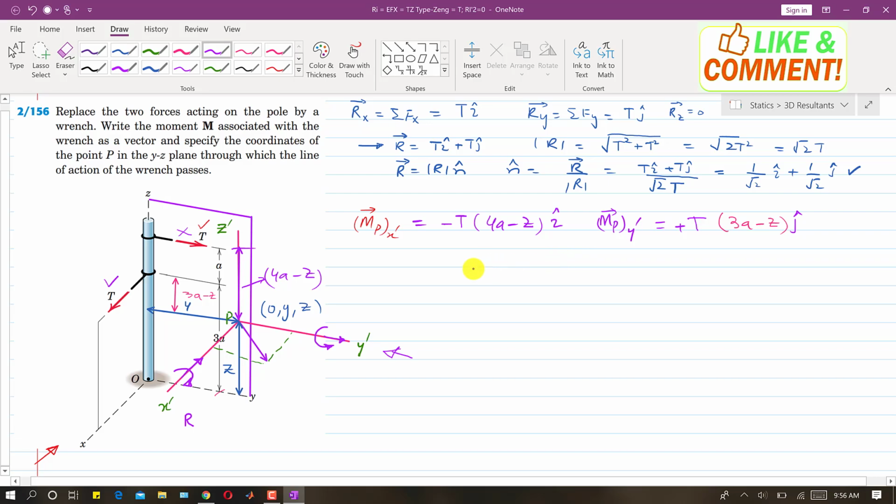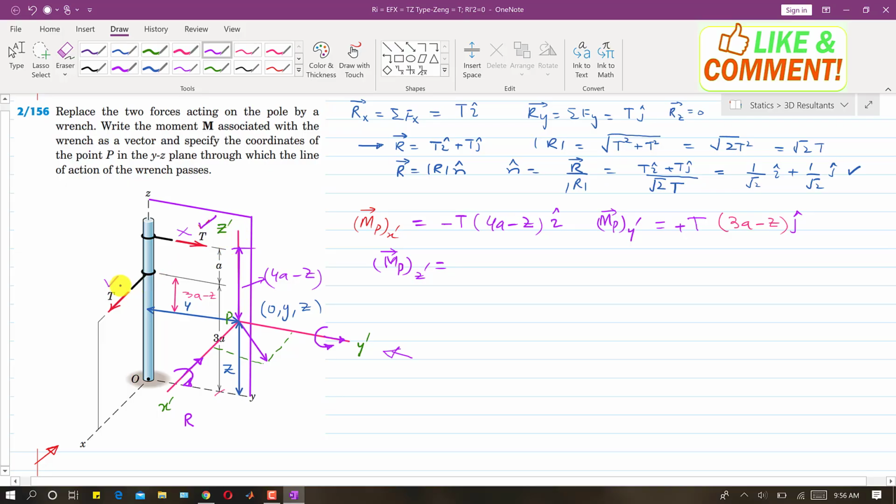And similarly, if we write the z component of the moment at point P. As we can see, this is the z-axis, since this force is intersecting with the z-axis, with the z-dash axis, it will not produce any moment about the z-dash axis, right?